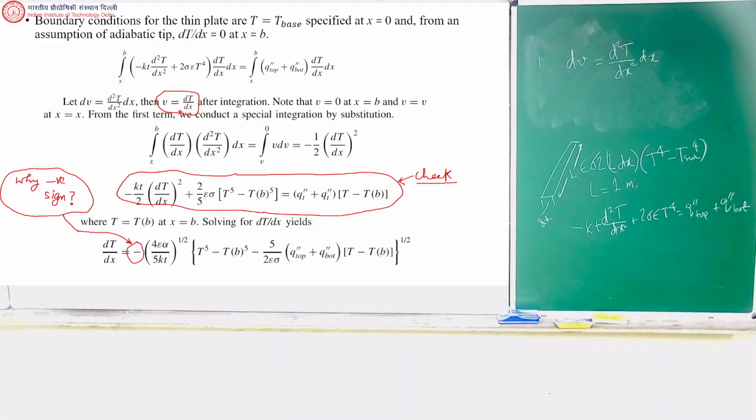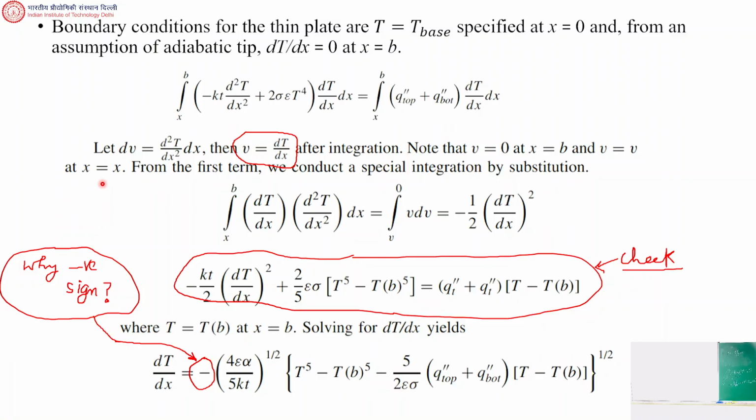And v equal to dT/dx, right? v equal to 0 at x equal to b, and v is just v at x equal to x, a general value of x, right? So if we carry out the integration, we'll get something like this, and then we get this expression. Now, rather than me explaining everything term-wise, can you just go through this yourself right now and tell me whether these things are okay?